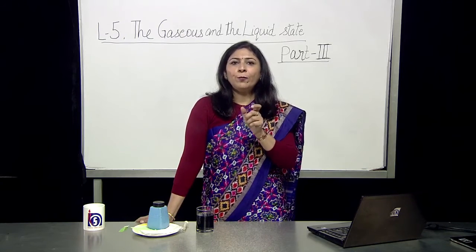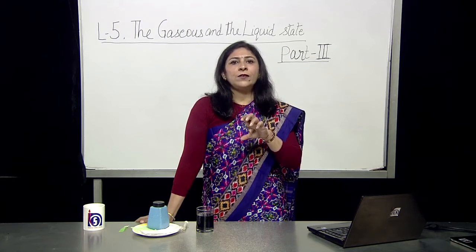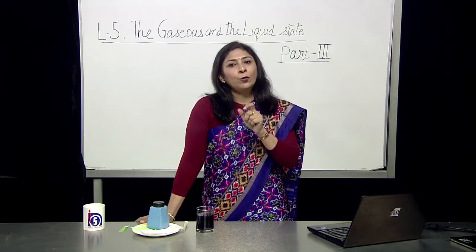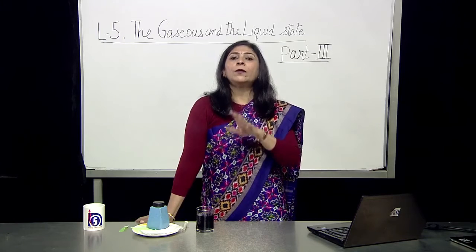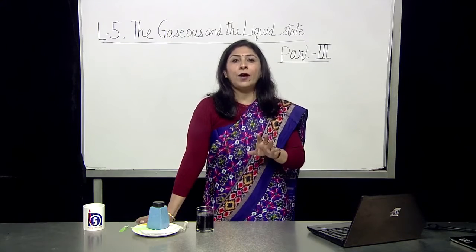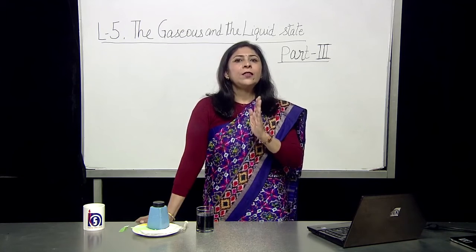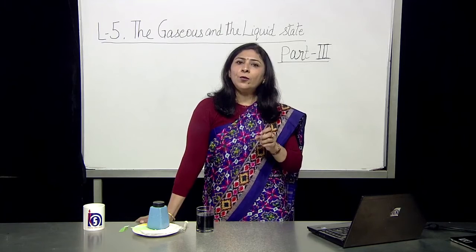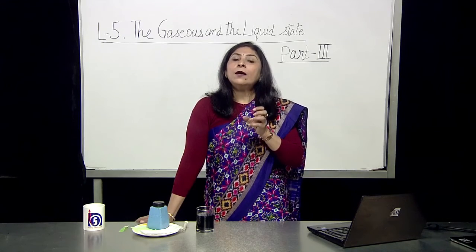When you remove the water from the test tube, you will find the test tube becomes wet. While when you take mercury in the test tube and remove the mercury, you will find the test tube becomes totally dry. The reason is that adhesion means the attraction between the molecules of the liquid and the surface on which it is kept.